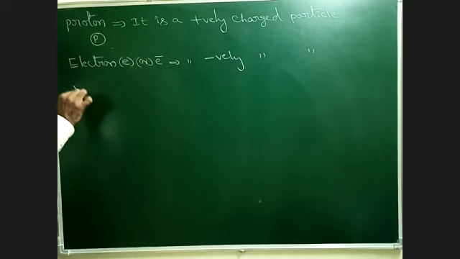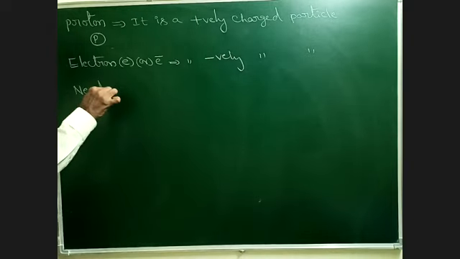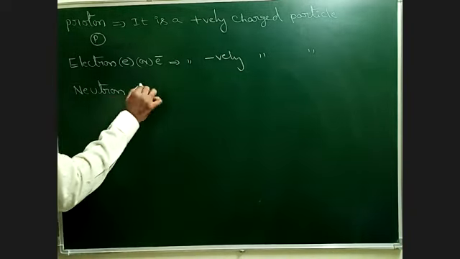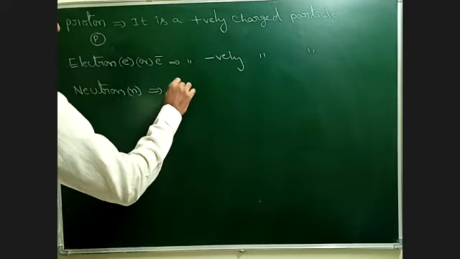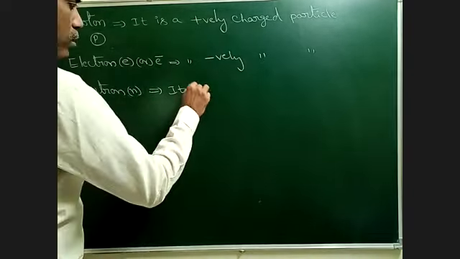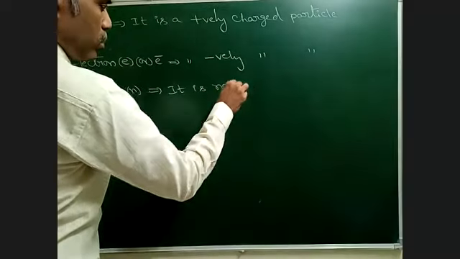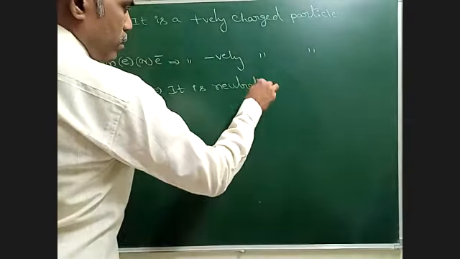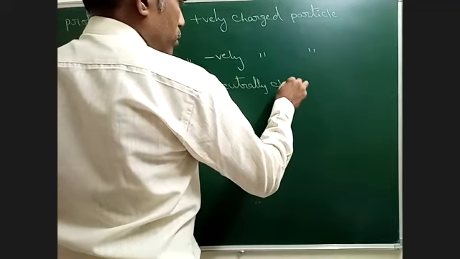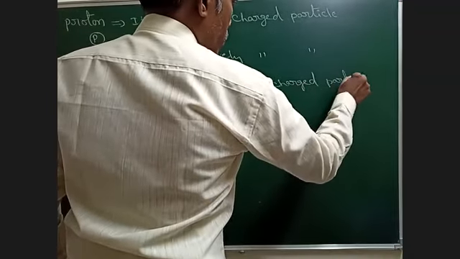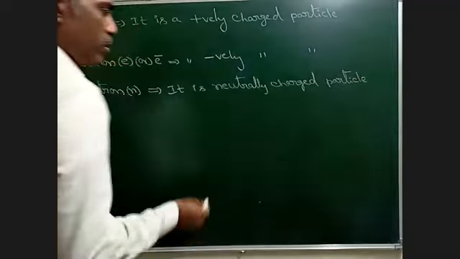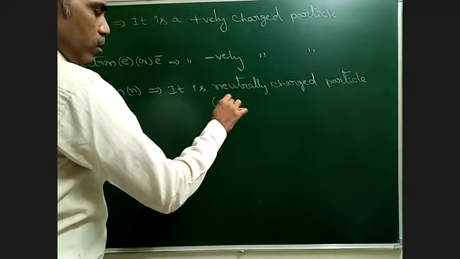Now coming to neutron, the third subatomic particle, represented by the letter N. It is a neutrally charged particle. Neutrally charged particle means no charge.